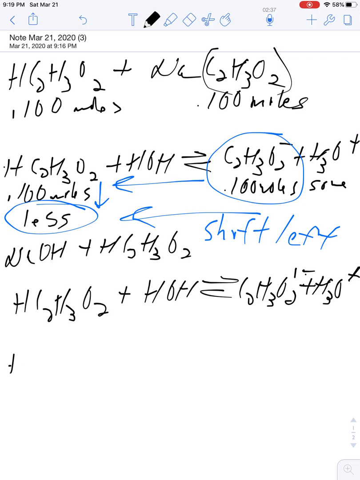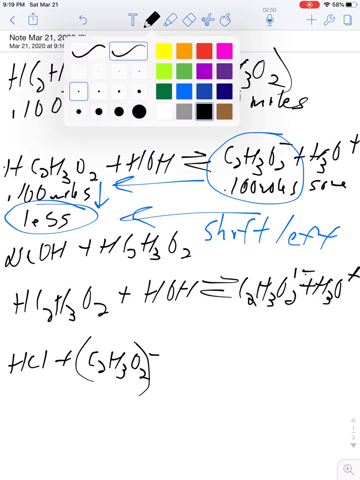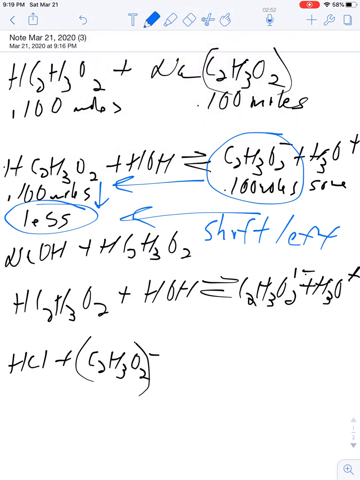Well, if we add acid, what's the acid going to react with? The acid is going to react with my conjugate base. So that means the amount of this is going to decrease.